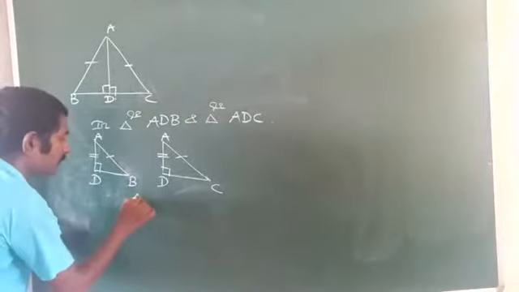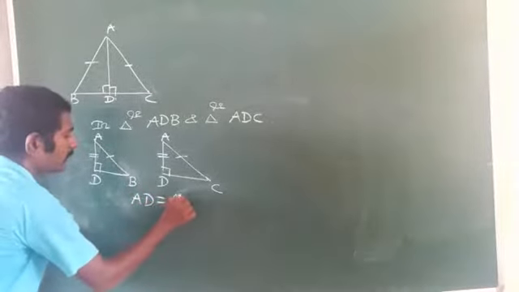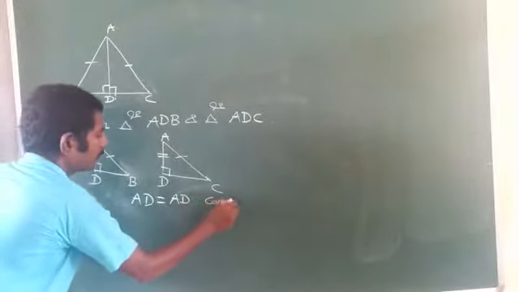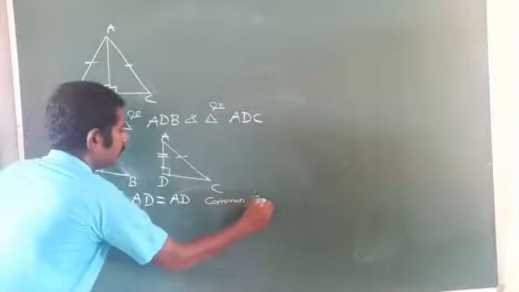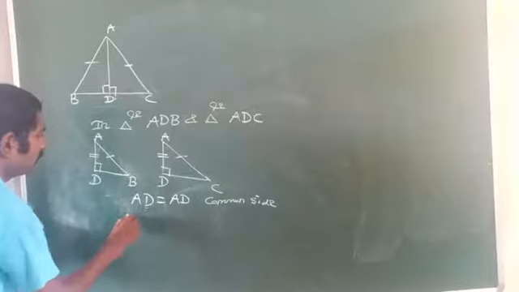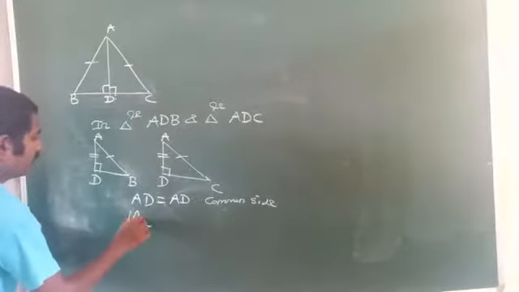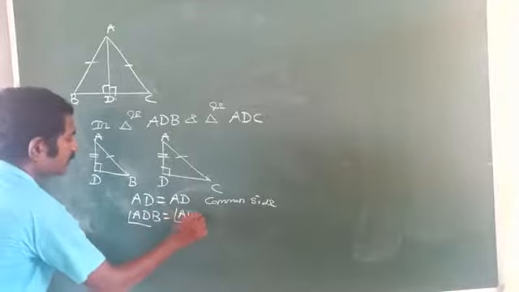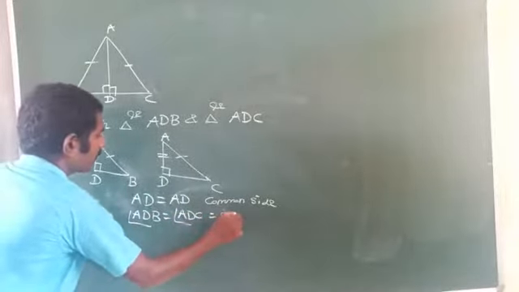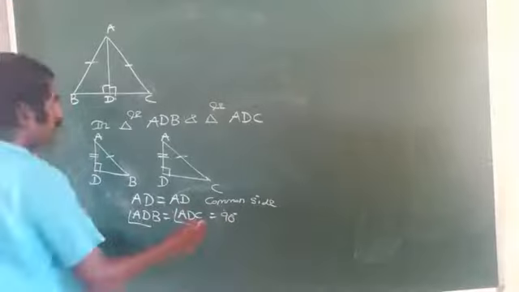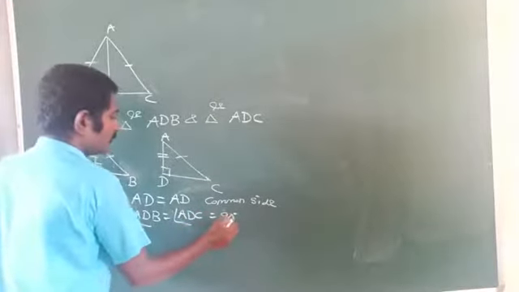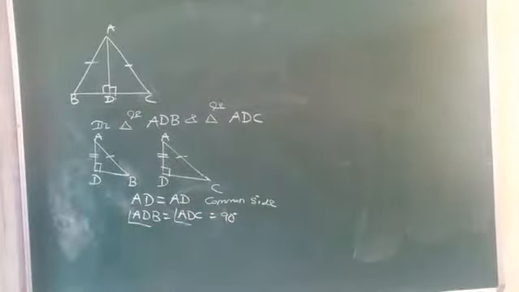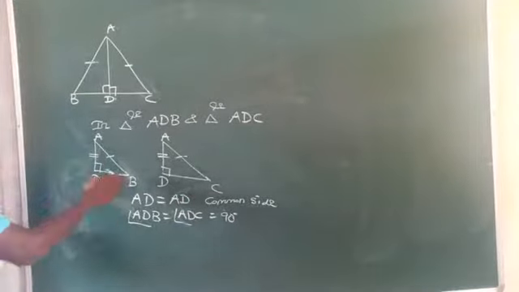AD is the common side. In triangle ADB, angle ADB is 90, and in triangle ADC, angle ADC is 90, because AD is perpendicular to BC. And then after that, AB equal to AC.